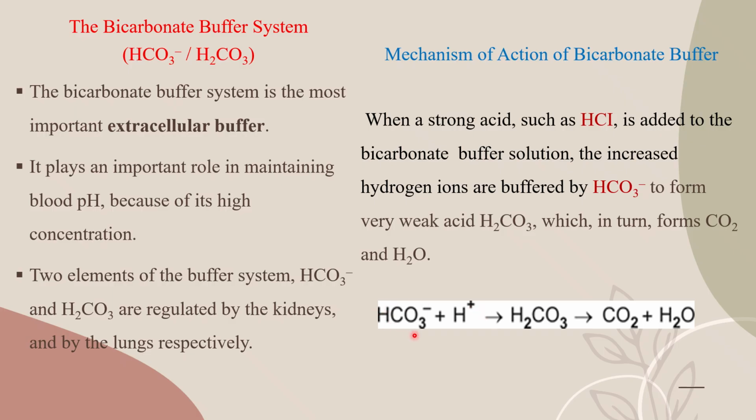The bicarbonate base combines with the H plus ion and converts it into carbonic acid. Finally, carbonic acid is converted into carbon dioxide and water in the lungs, and the carbon dioxide is thrown out. So this is the way of scavenging H plus ions and relieving carbon dioxide.